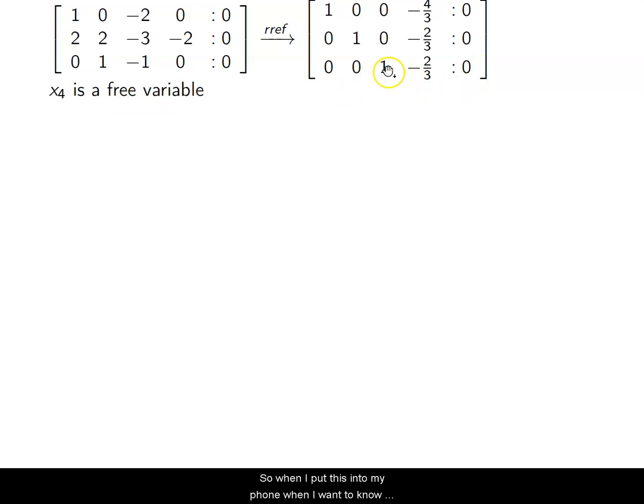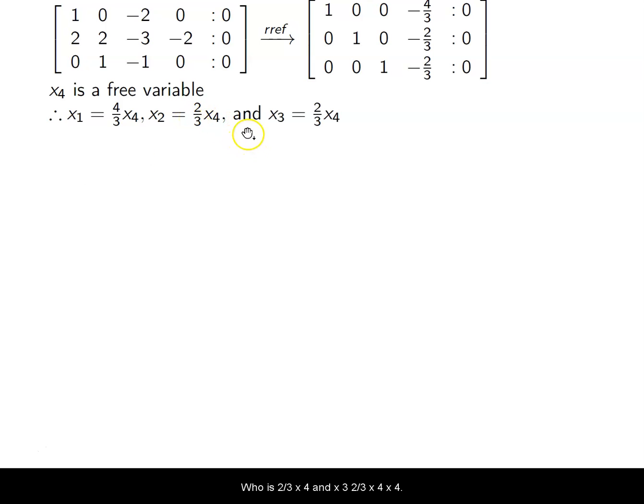So when I want to know what x3 is, I move this over, positive 2/3 x4. x2 is positive 2/3 x4. x1 is positive 4/3 x4. Don't forget to bring this over to the other side, okay? x1 is 4/3 x4, x2 is 2/3 x4, and x3 is 2/3 x4.